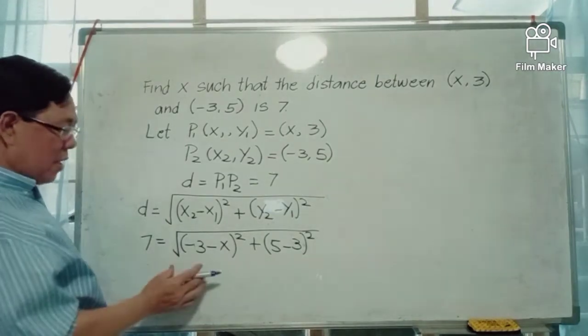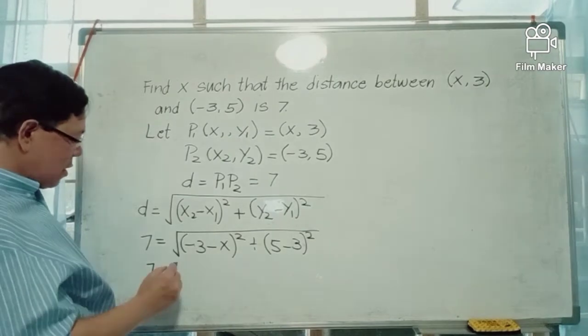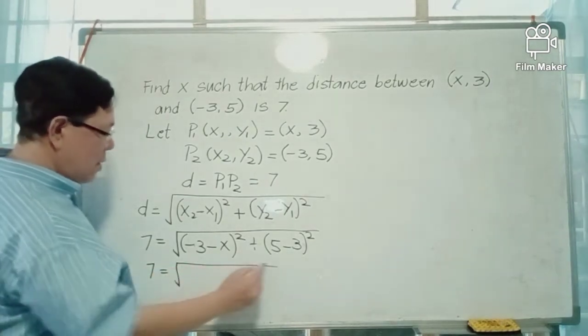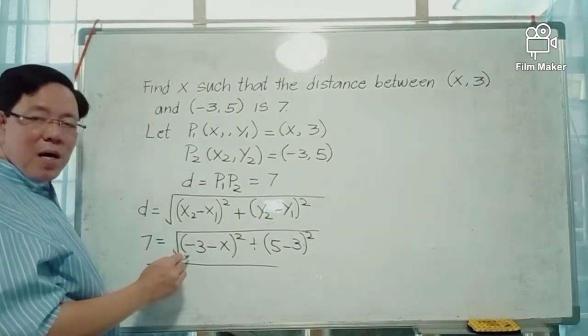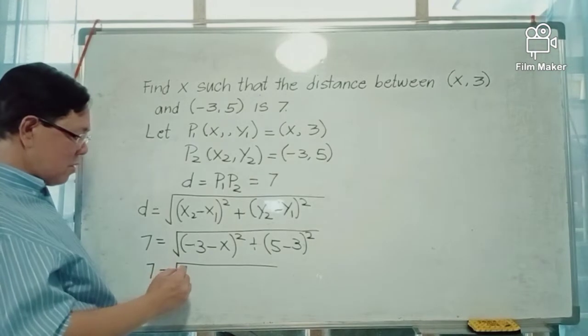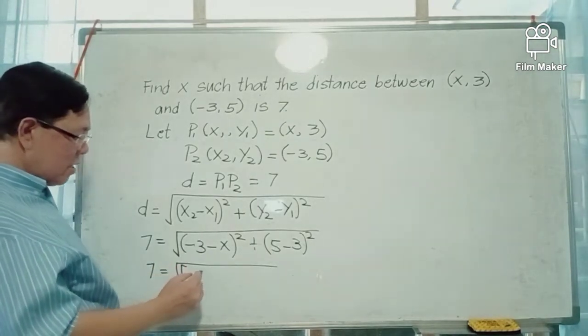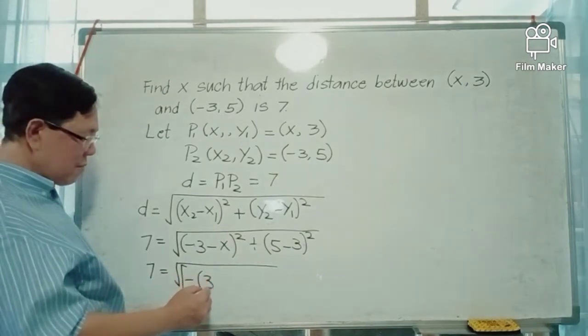Now we simplify the expression inside. 7 equals the root of, here we can factor out negative 1 to simplify this expression. We factor out negative: 3 divided by negative is positive 3.